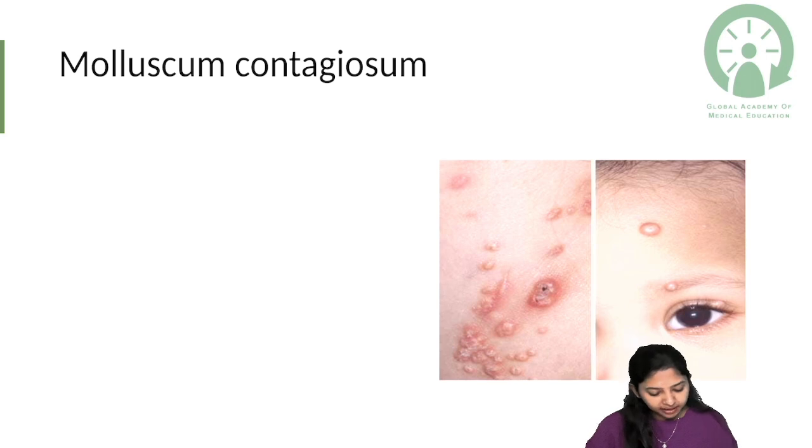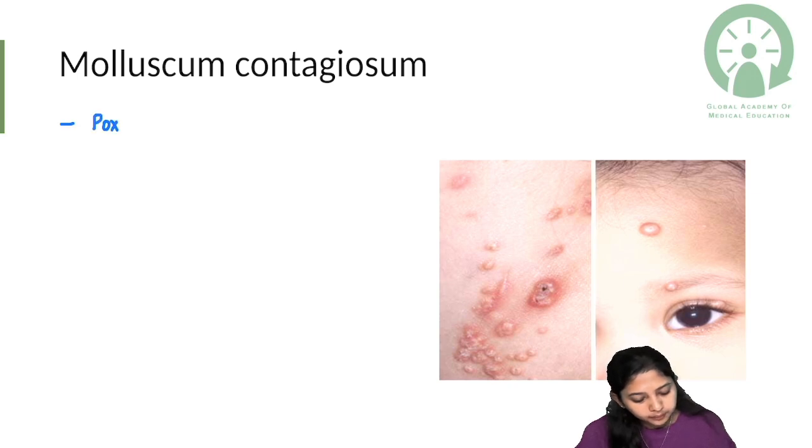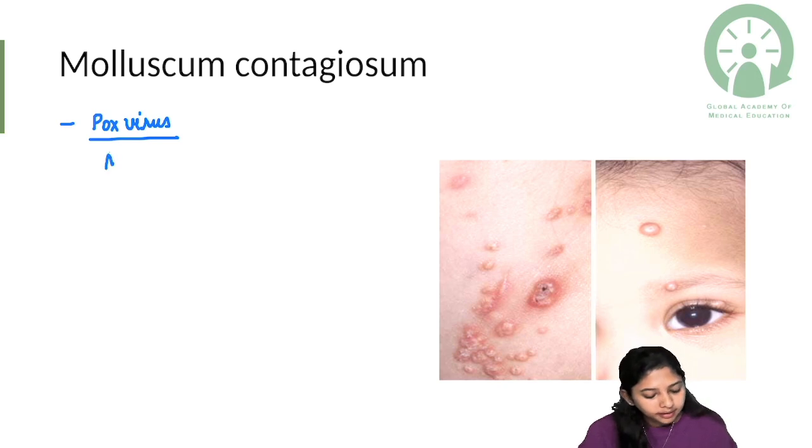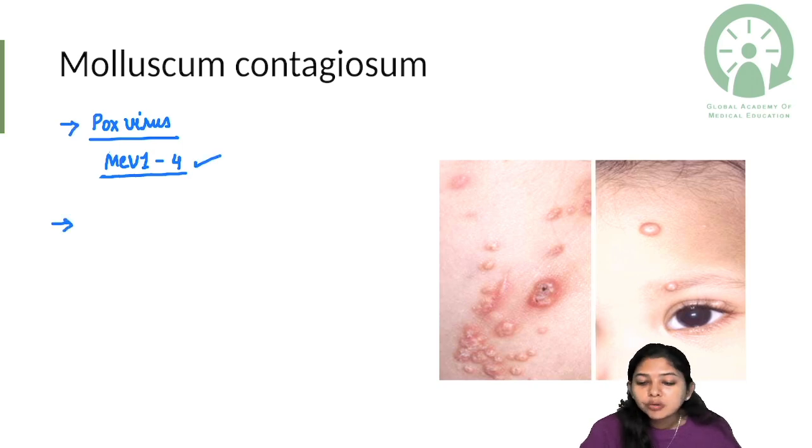So let's quickly revise molluscum contagiosum. Molluscum contagiosum is caused by a pox virus, right? A virus of the pox family, and there are 4 types of molluscum contagiosum virus, MCV1 to MCV4, correct? What do you get? You get pearly white umbilicated papules.